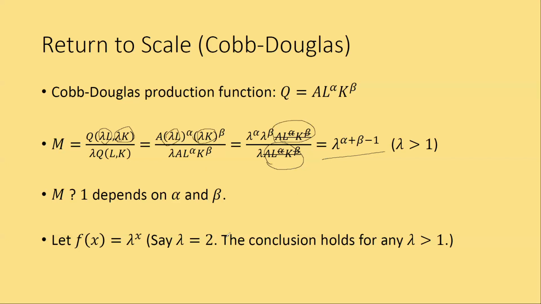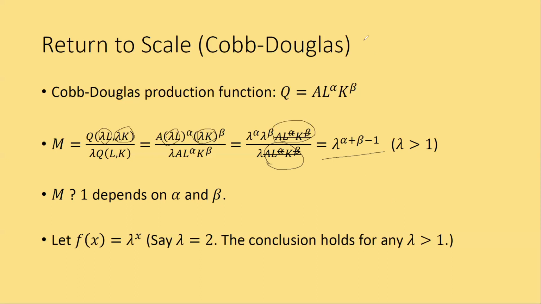Let's look at a simpler case. Let's say we define the function f(x) as lambda to the power of x. And we are looking at lambda that is larger than 1, right? So let's just say lambda equals 2, for example. And the conclusion is going to hold for any lambda that is larger than 1.